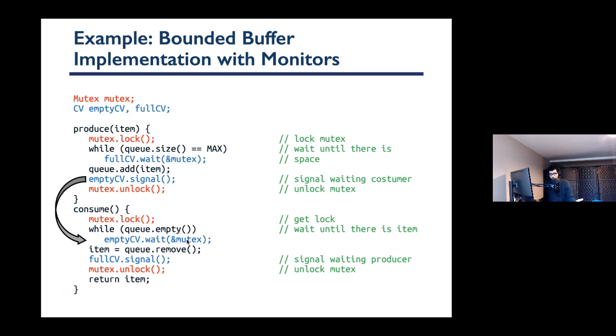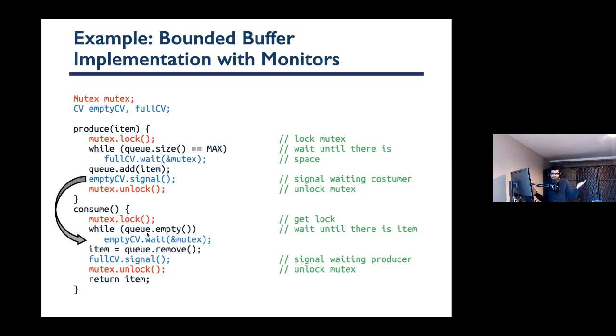And then at some point, let's say it wakes up again and it can acquire the mutex. At that point, it gets out of this wait function. So we're done with the wait. We have the lock. Now, this is why I said you have to have it in a while. Why do you have to have it in a while? Because so many other things could have happened ever since you woke up. You woke up because some producer produced an item.